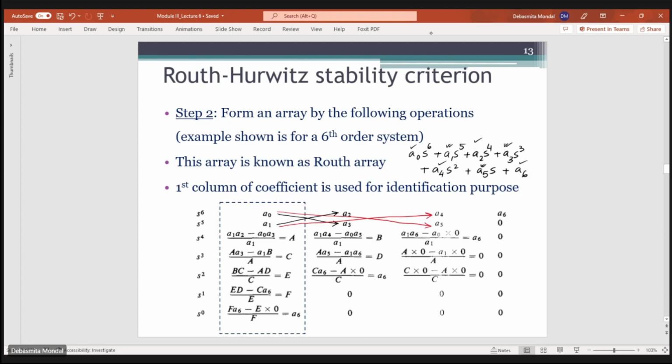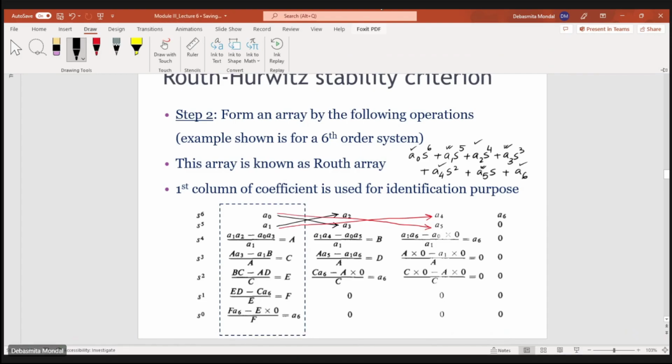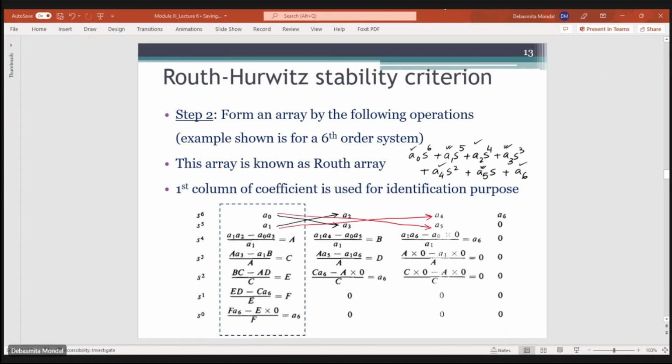If there are no sign changes between A0, A1, A, C, E, F and A6, that is, if all these terms have the same sign, be it positive or negative, then you will say that the system is stable.